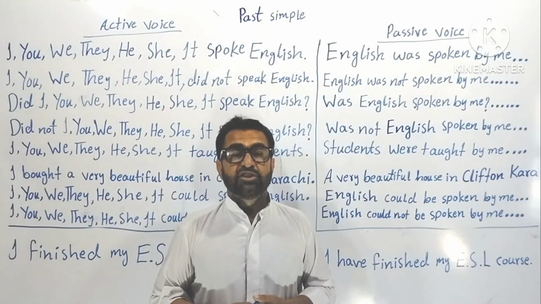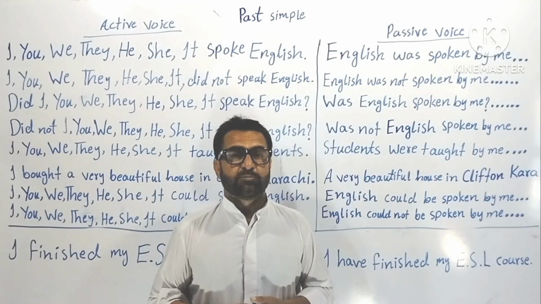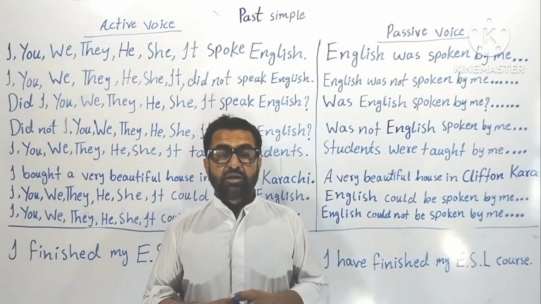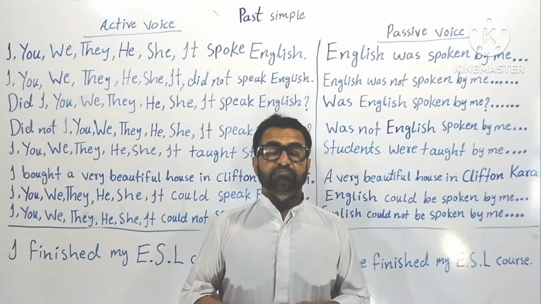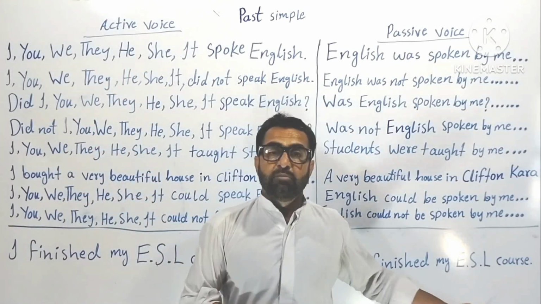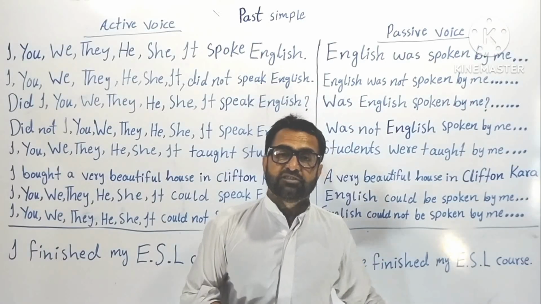These verbs cannot be used in active voice and passive voice. Why? Because there is a reason. The reason is this, that the object of the active voice becomes the subject of the passive voice, and the subject of the active voice becomes the object of passive voice.